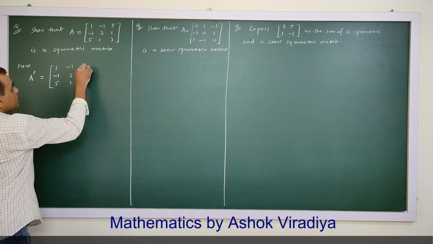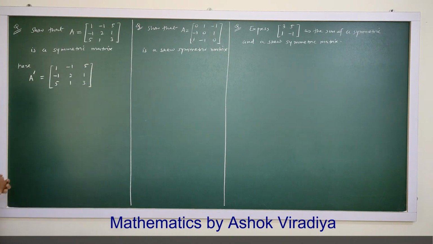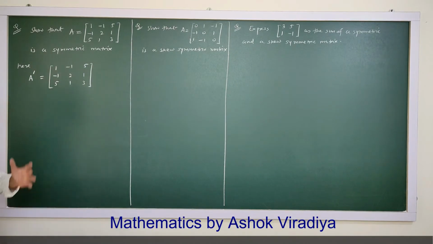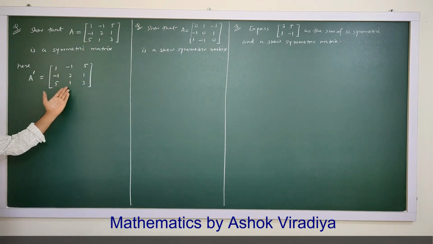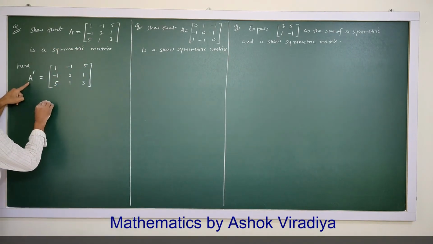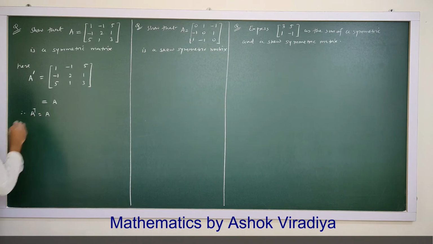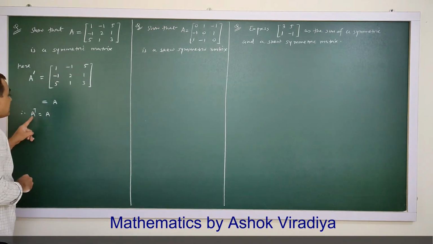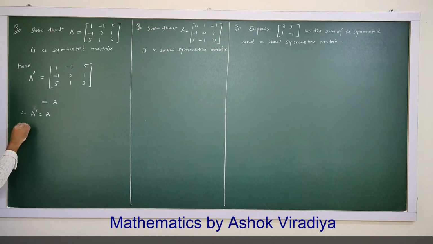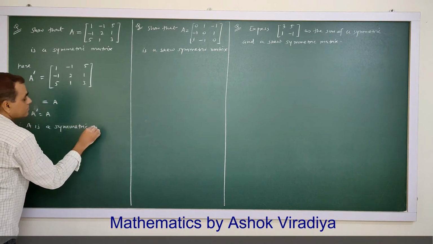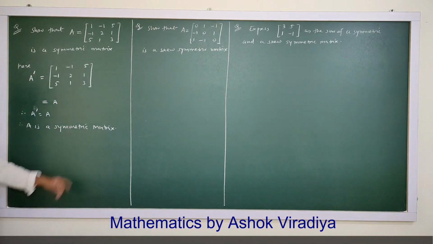Third row is third column. And now compare. Converting all 3 rows into corresponding columns, it remains the same. See here, these matrices are same. So A transpose is equal to A. And if the transpose of any matrix is the matrix itself, then A is a symmetric matrix. So it's a symmetric matrix.